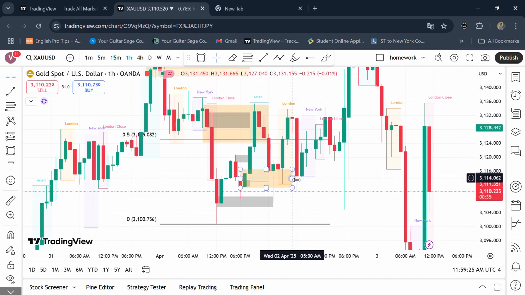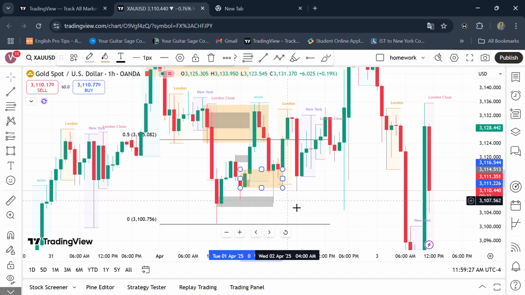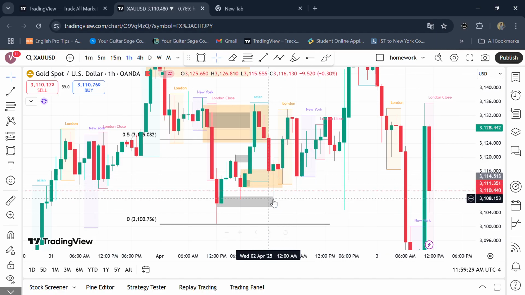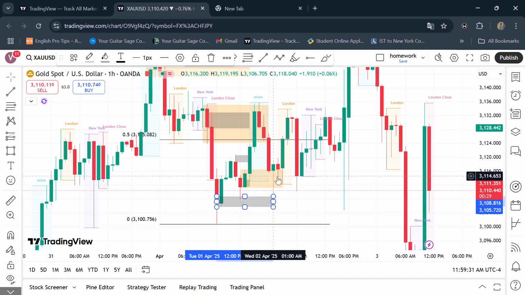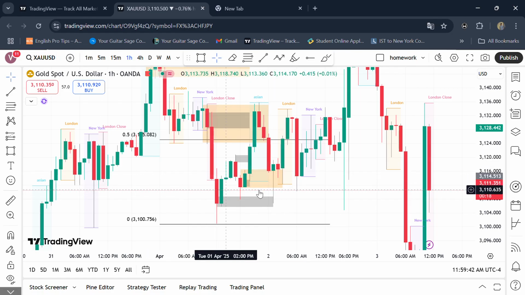Okay, this 1 hour order block got created, and no wonder the price went even lower than that. But what is important is that it closed above it. It was only able to get its wick through that and not the body. So this will still be considered as being respected.